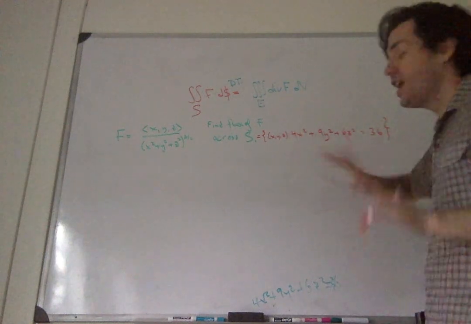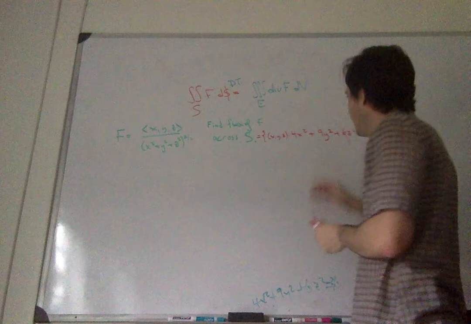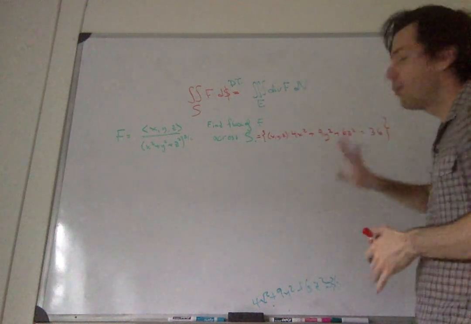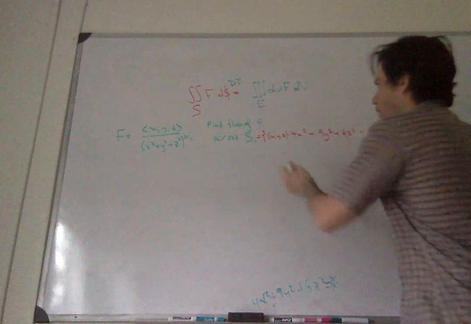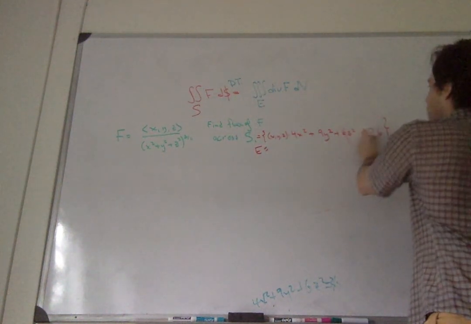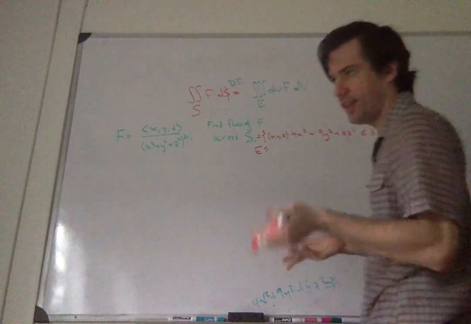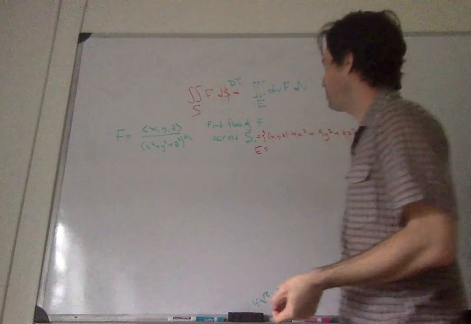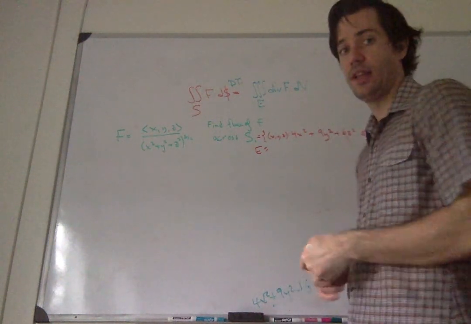This entire thing, not just its surface, but all the values, not just those that satisfy this equation, but all the values inside of that. So E is equal to all the values less than or equal to that, because they're going to be inside of it. So for example, 0, 0, 0 is in this ellipsoid.